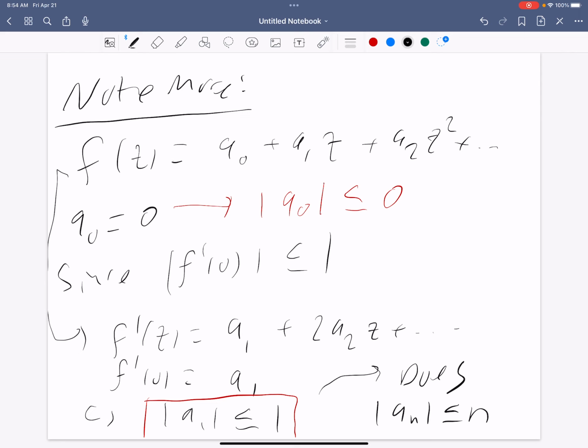There's a completely ridiculous conjecture to make based off the two data points. Is it true that the coefficients satisfy |a_n| less than or equal to n?